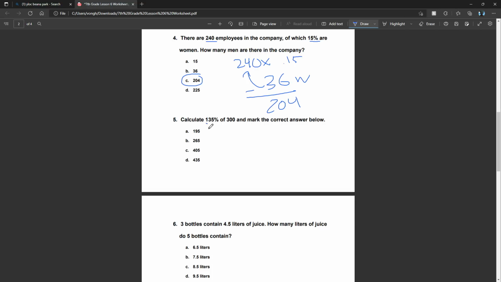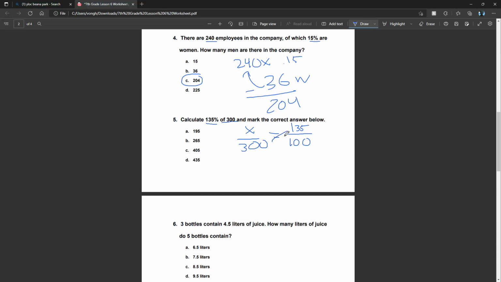To calculate 135% of 300, mark the correct answer below. This is just another proportion, so since it's of 300, that means 300 is the total. And then on this side you have percentage. Here we're given a percentage which is 135, so we write 135 over 100. And we're trying to find x.